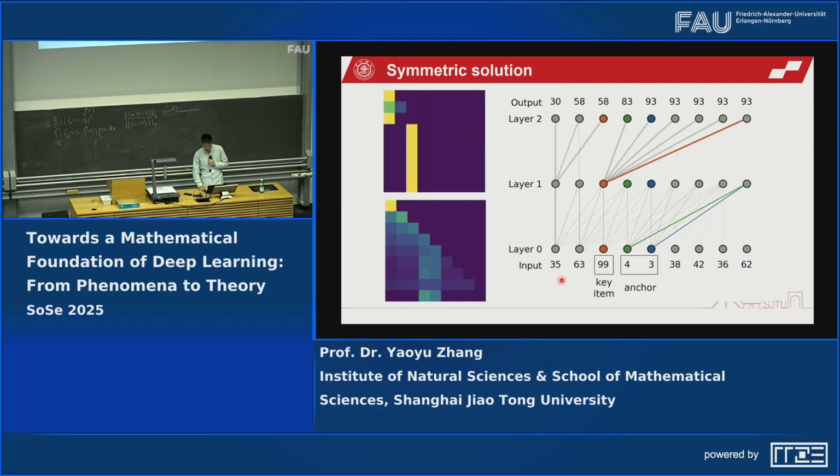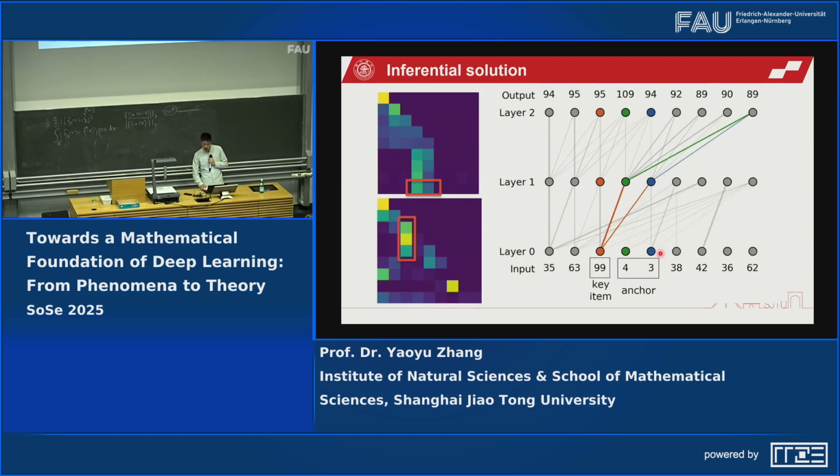Okay, and there's a further thing we can see, if it predicts, for example, -6, right? It learns some symmetry. You can look at the information flow. You can see that first it combines 4 and 3 to one node. And then, based on this combination of 4 and 3, it does some operation on this 99 and gets 93. First, combine these 2 anchors. However, in another type where you see -10, it uses composition, right?